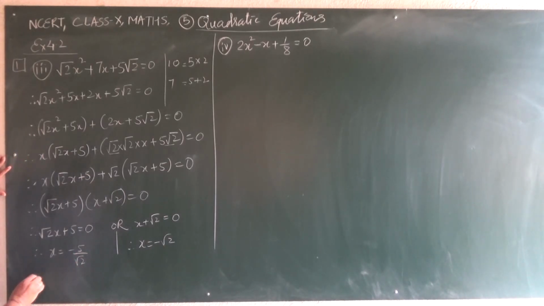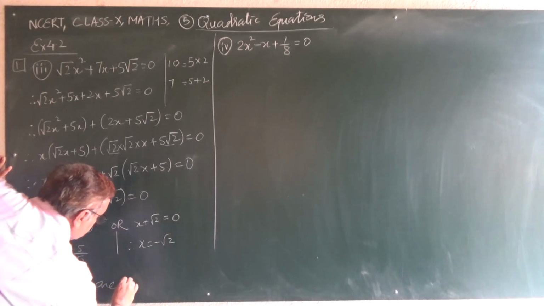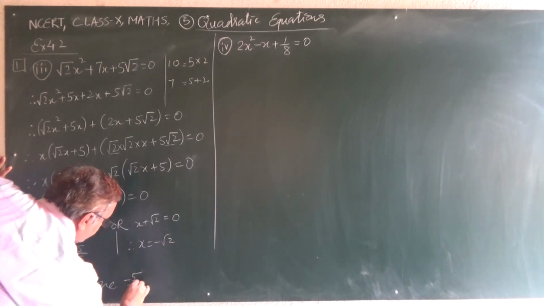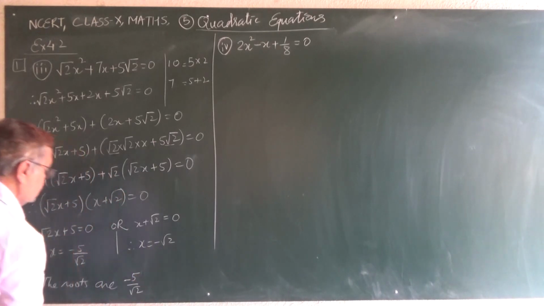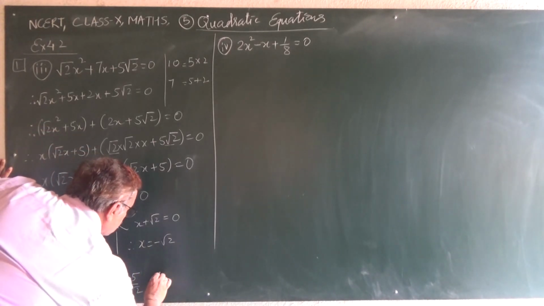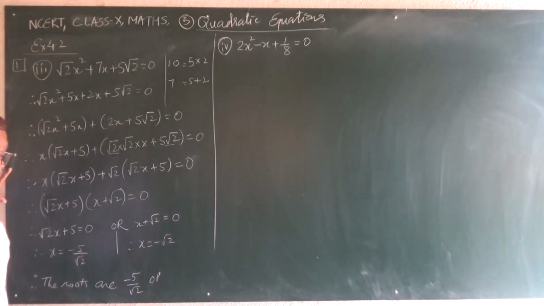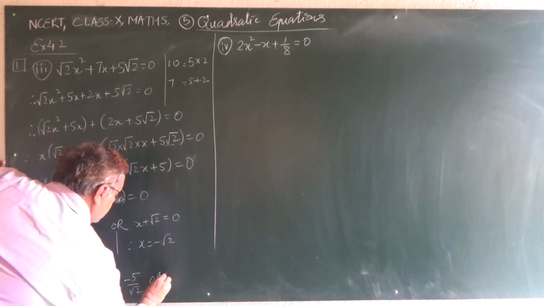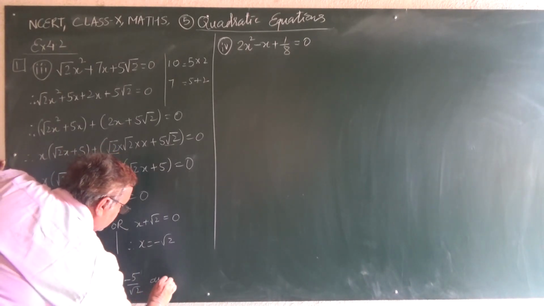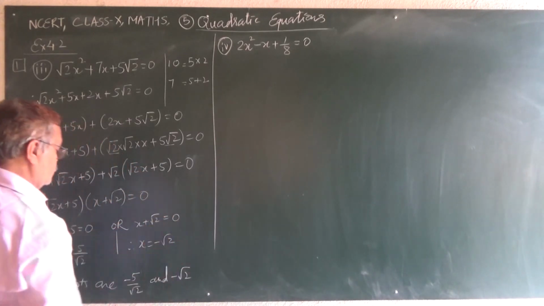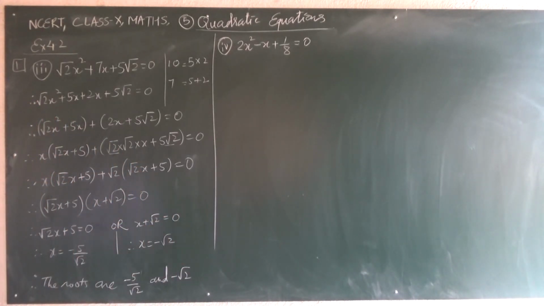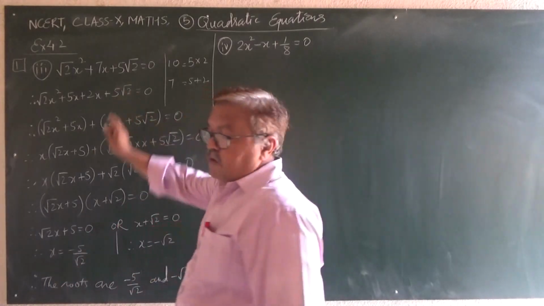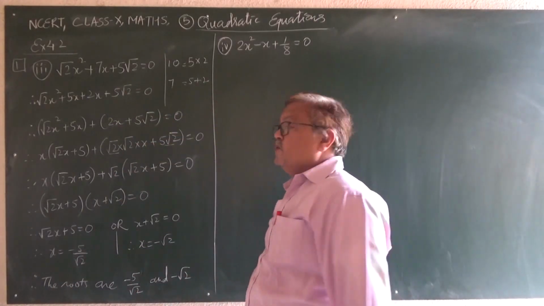Therefore, the roots are minus 5 upon root 2 and minus root 2. So these are the roots of this quadratic equation.